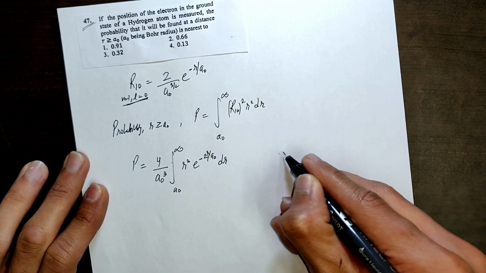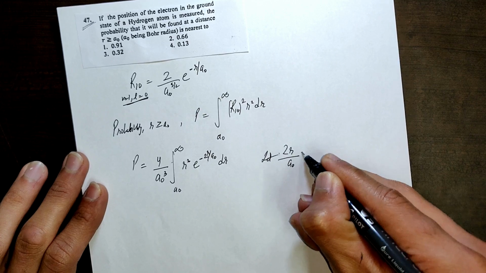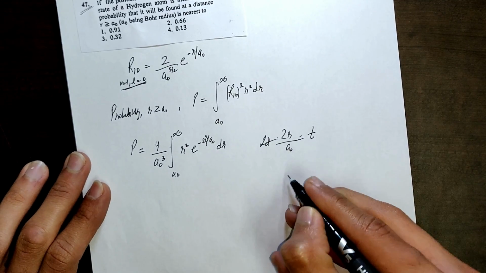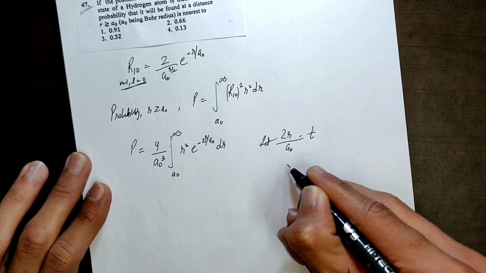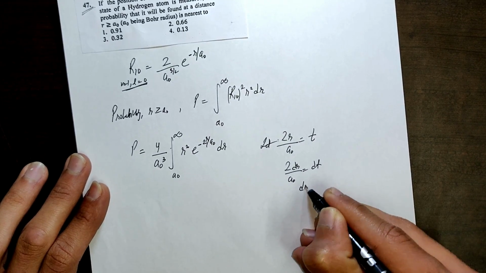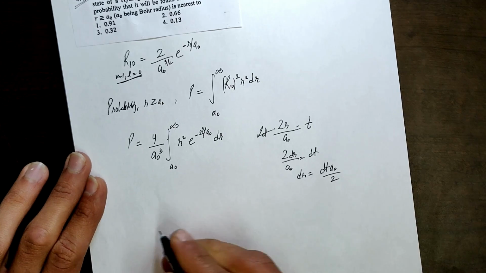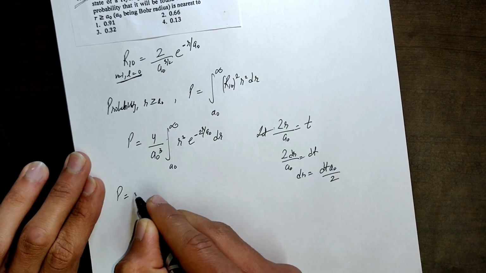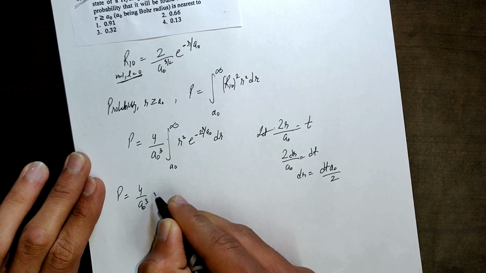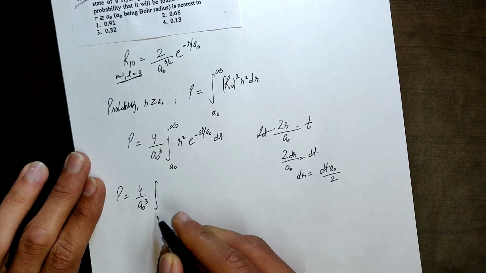Now we take the substitution here: let 2r by a naught be equal to t. So 2 dr by a naught is equal to dt, dr would be equal to dt a naught by 2. Putting it here, 4 by a naught cube integral.